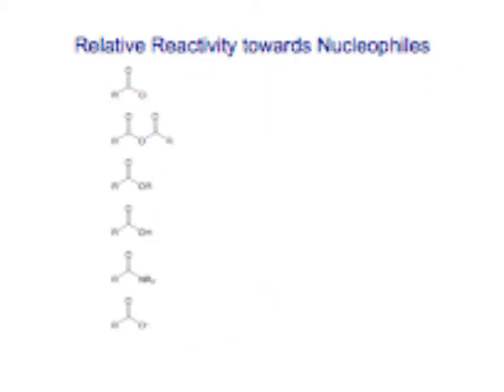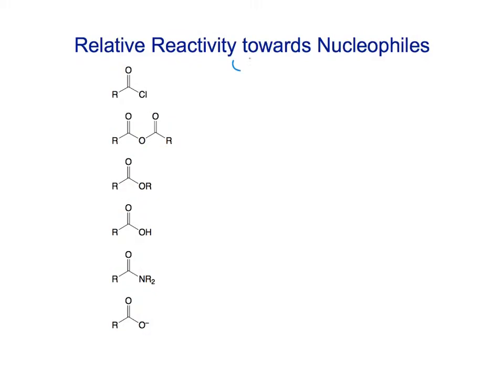All right, so here's all of the functional groups that we're going to look at. And remember, their relative reactivities depend upon two things, really. Number one, for these types of reactions, are the leaving groups that are available.